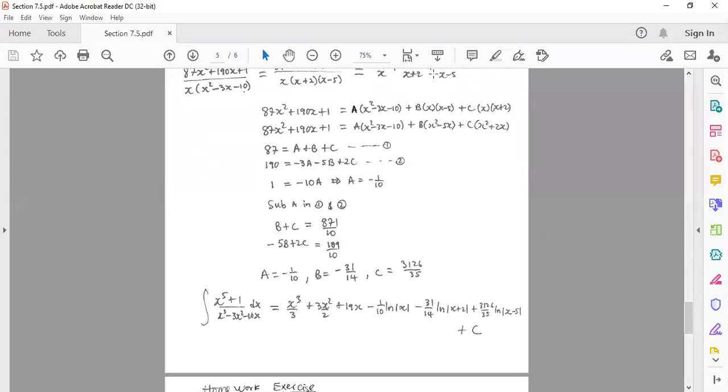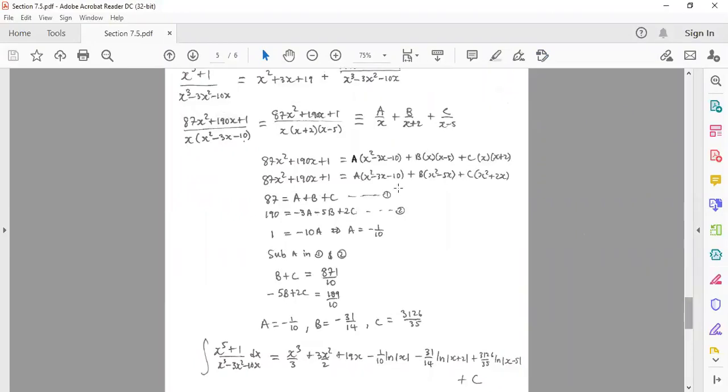All right. So you factorize the bottom piece, factorize even further. Notice at this point, the degree of the polynomial at the top is 2 and at the bottom is 3, which means you're good to go. You're good to apply your partial fractions.